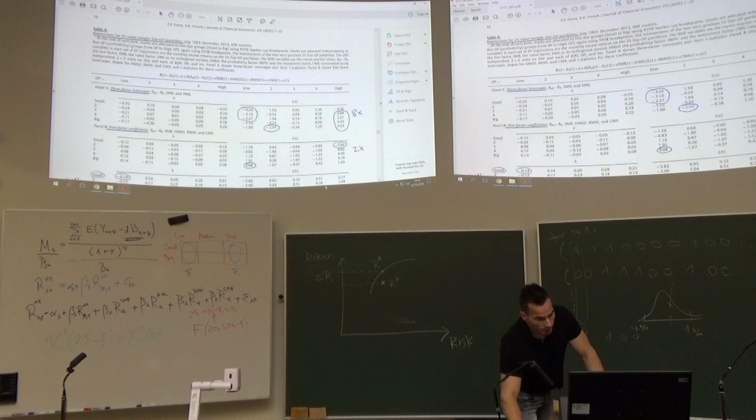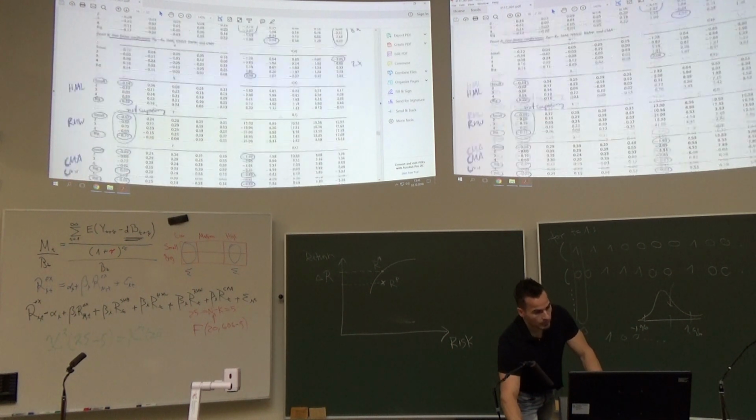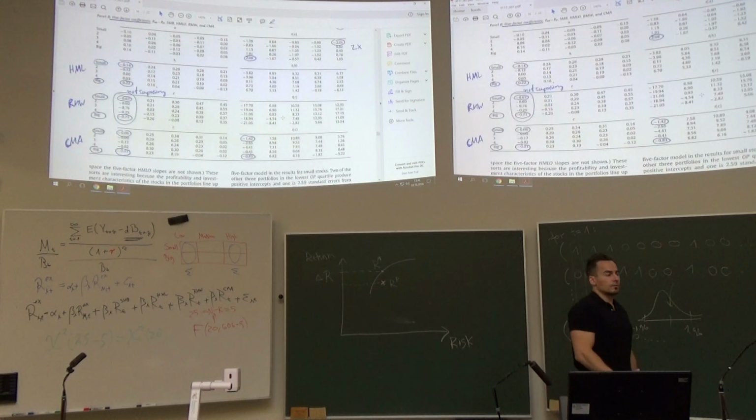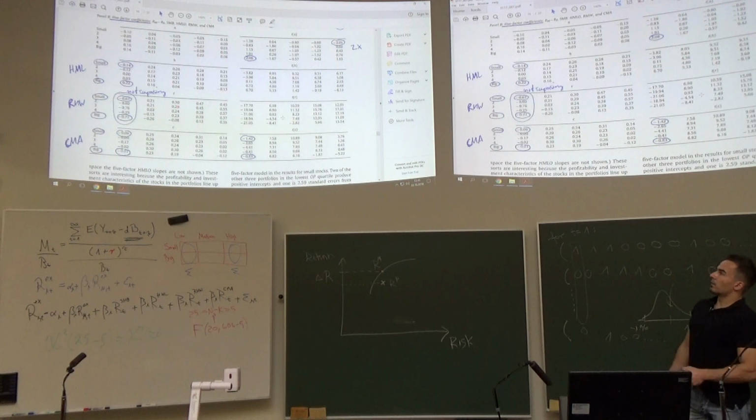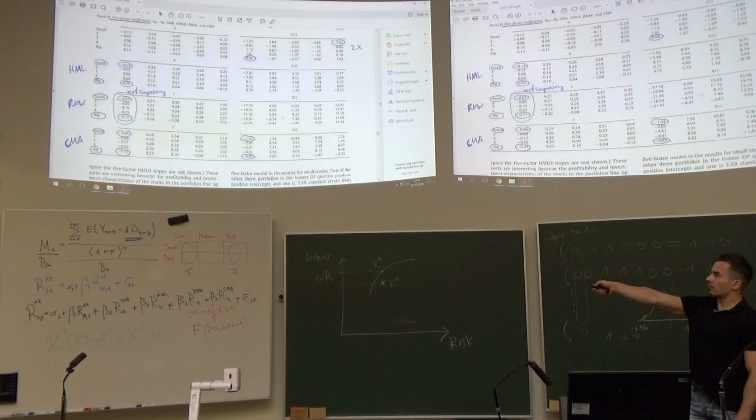And then you can do the same thing again. I could ask, okay, look at these stocks and tell me about the characteristics. You can read them from the loadings against the profitability factor and the loading against the investment factor. What you see here is this troublesome portfolio that we had in the first column, the last entry.